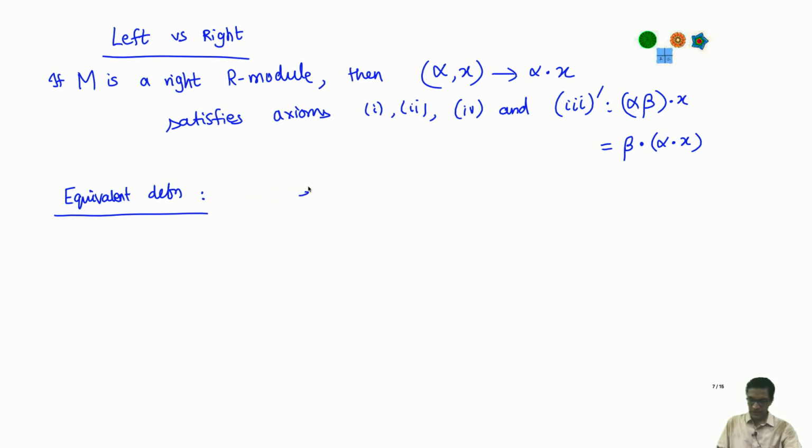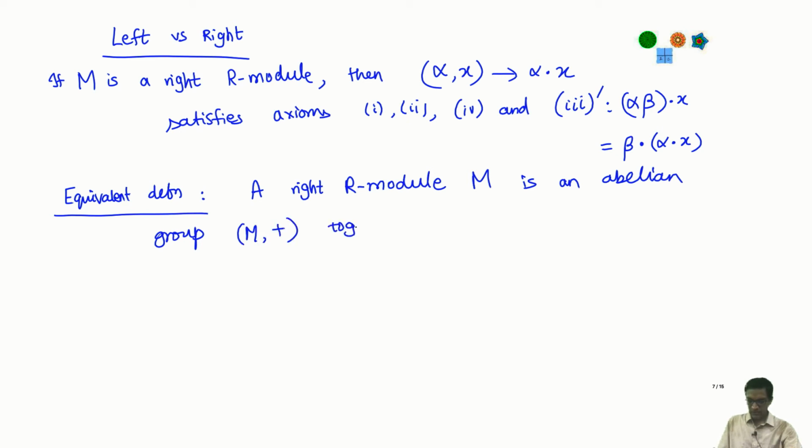A right module is an abelian group M, with operation plus, together with a map from R to the set of all group homomorphisms of M. It's called this map phi as before.